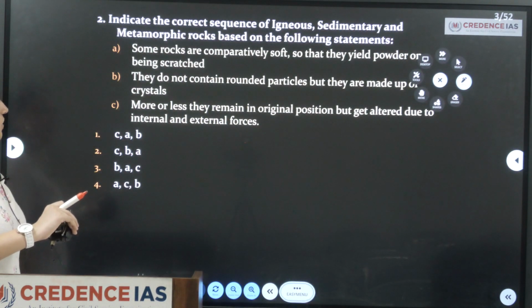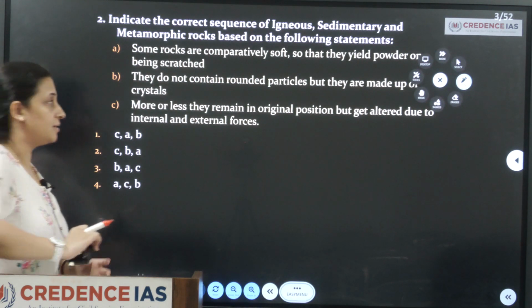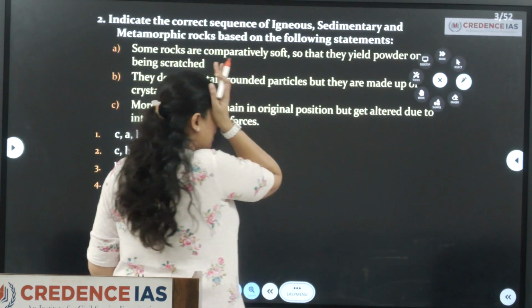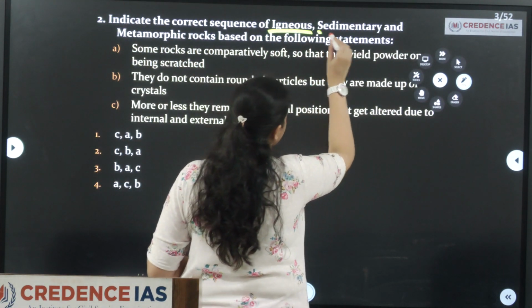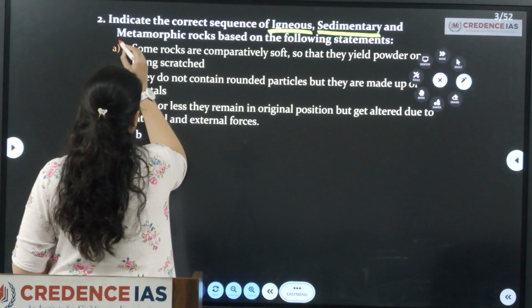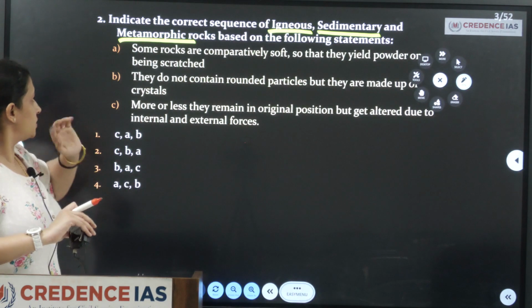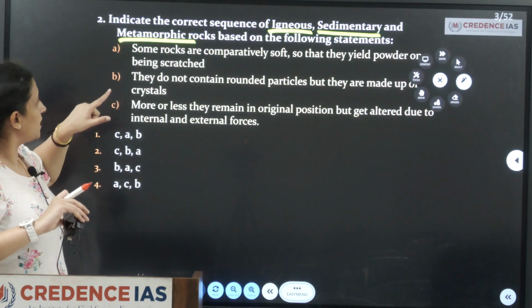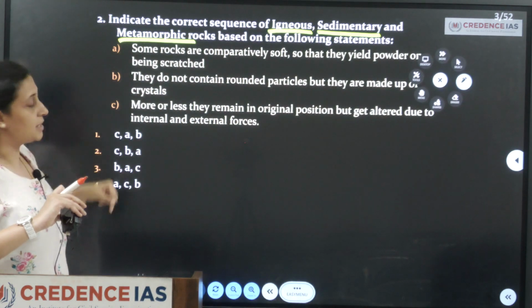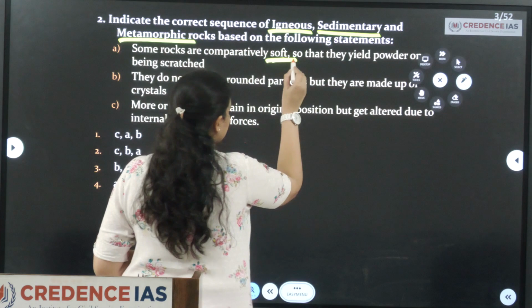Indicate the correct sequence of igneous, sedimentary and metamorphic rocks based on the following statements. Here we have to see the option in the order: igneous first, then sedimentary, and then metamorphic rocks. Given the options, some rocks are comparatively soft so that they yield powder or can be scratched. Soft is the keyword here.